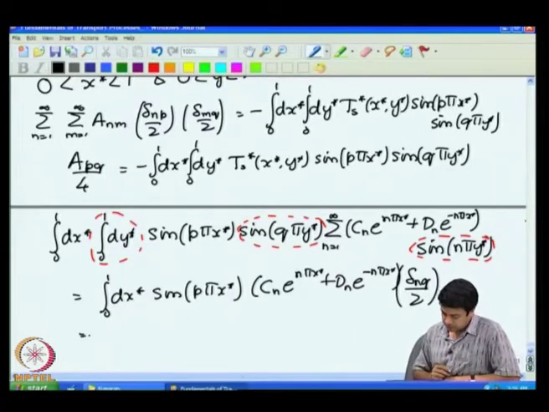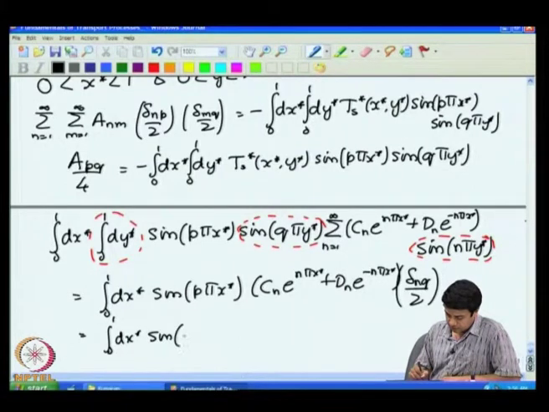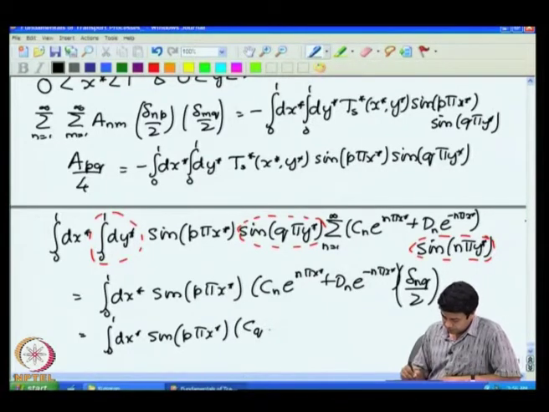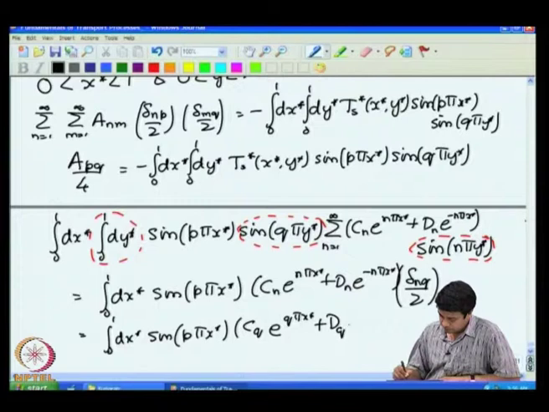Okay. So, this is just going to be equal to integral 0 to 1 dx sine p pi x into C q e power q pi x plus d q e power minus q pi x, whole divided by 2.